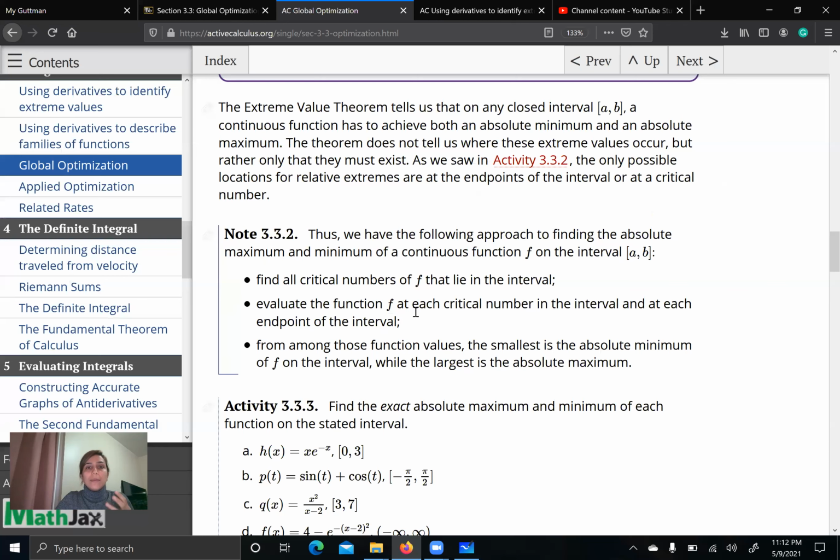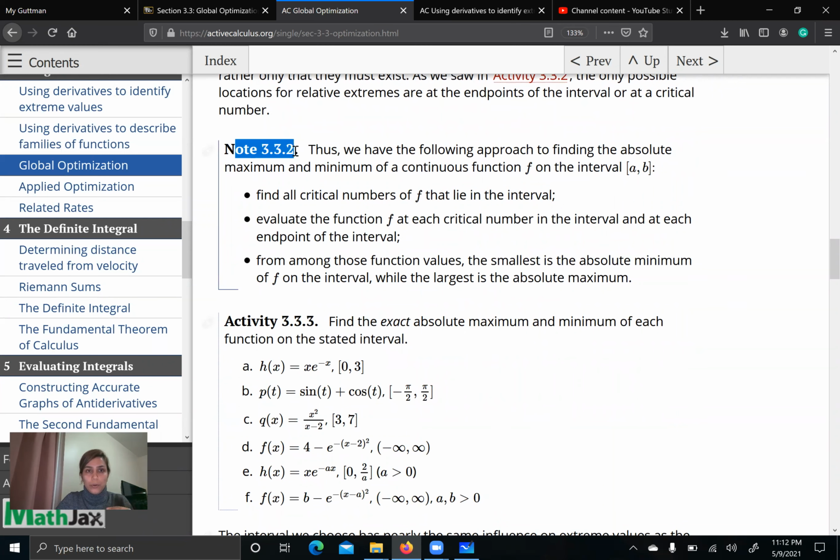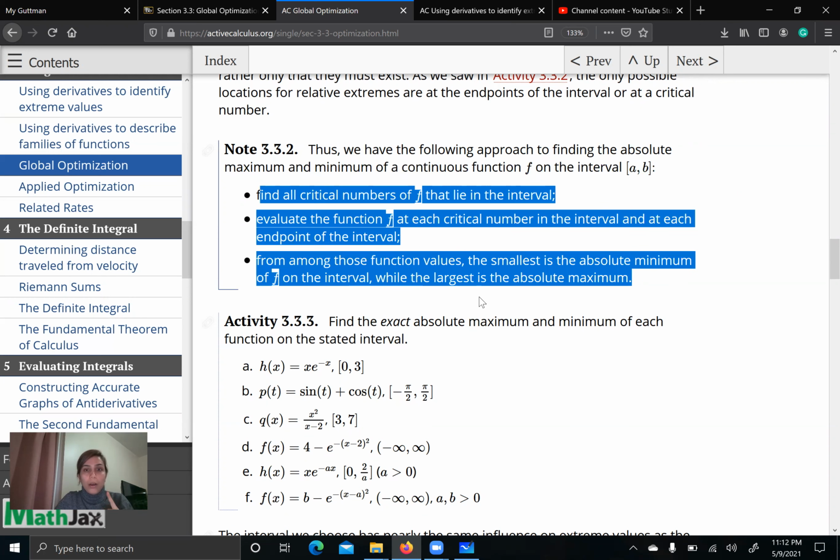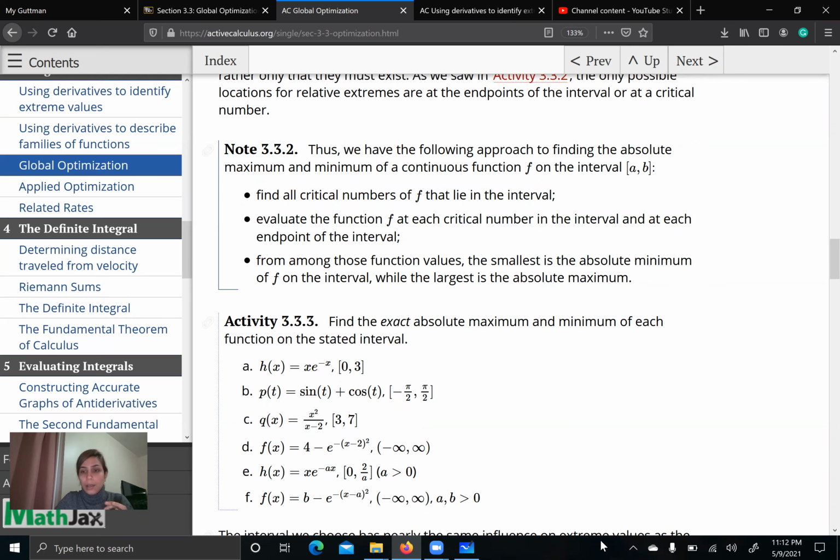So we need a strategy or approach on how to calculate them. This note is very, very important. Please highlight this in your reading. We need an approach to finding the absolute maximum and minimum of a continuous function on a closed interval. And we have to do all of these steps. I'm gonna explain these steps one by one.